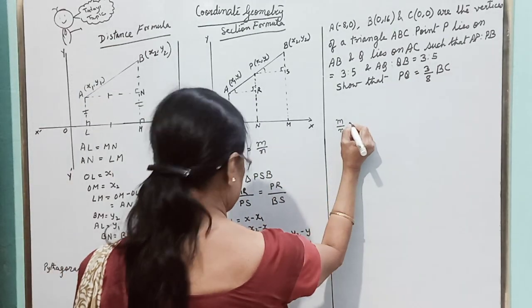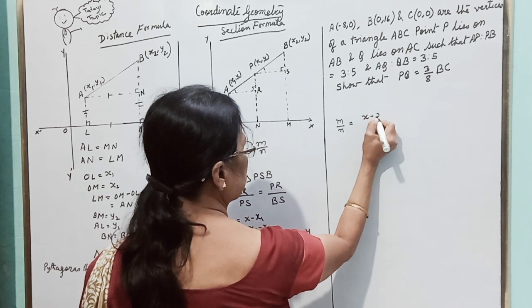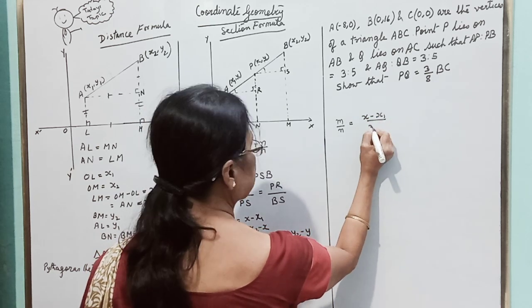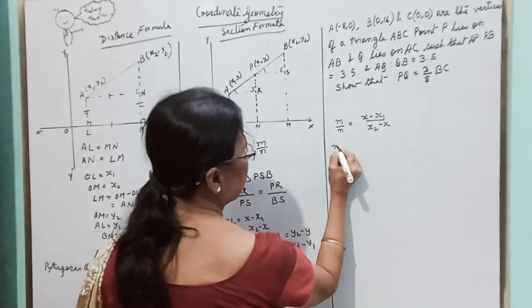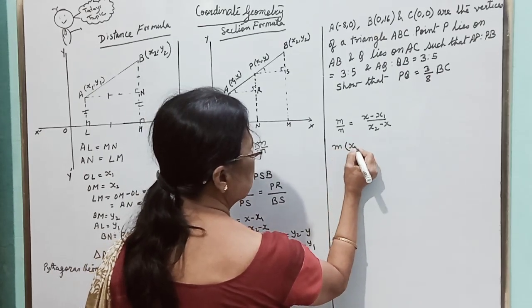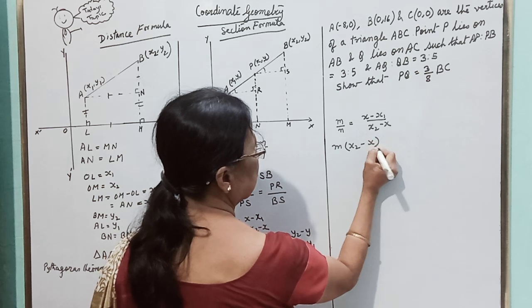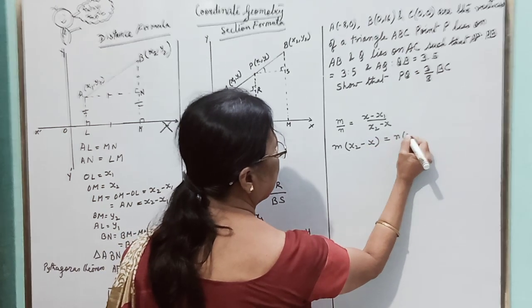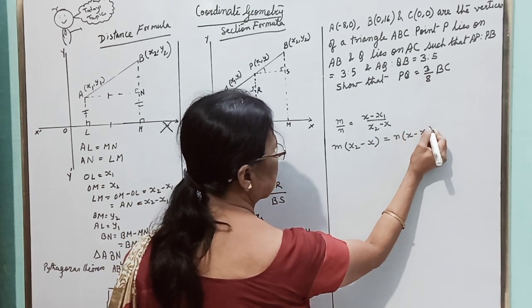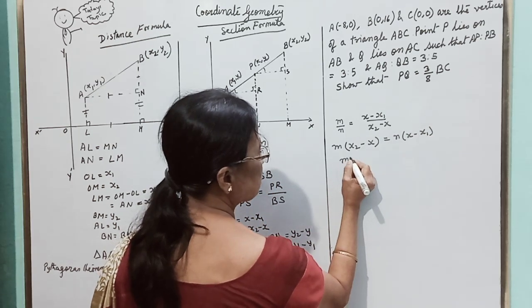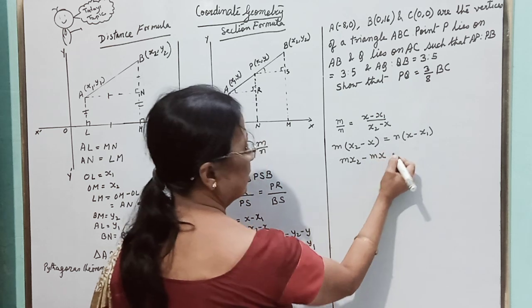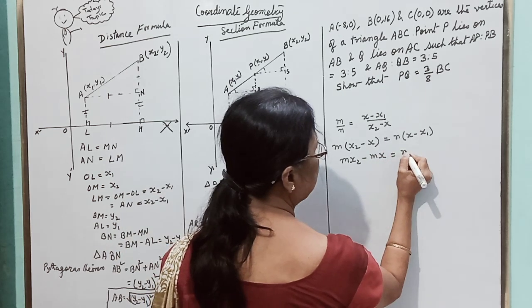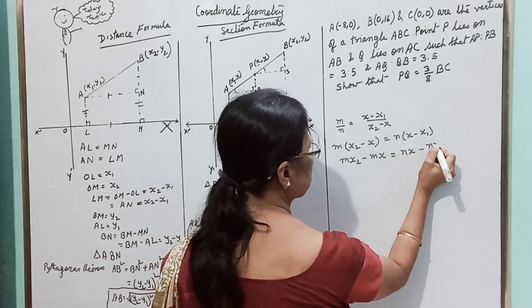M by n is equal to X minus X1 divided by X2 minus X. So I can write m times X2 minus X is equal to n times X minus X1. So mX2 minus mX is equal to nX minus nX1.